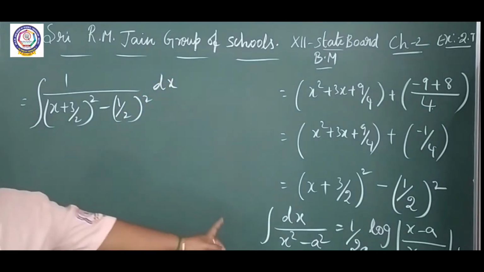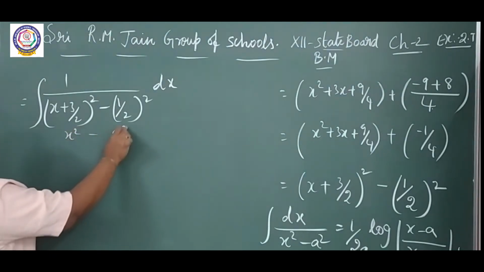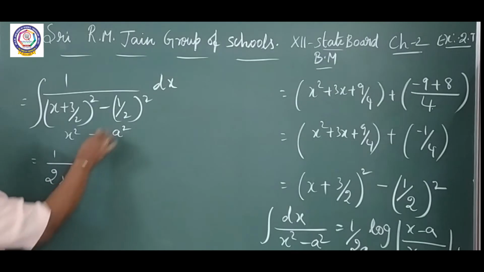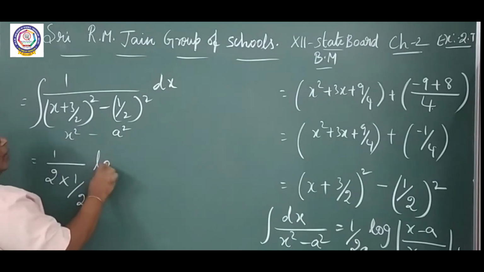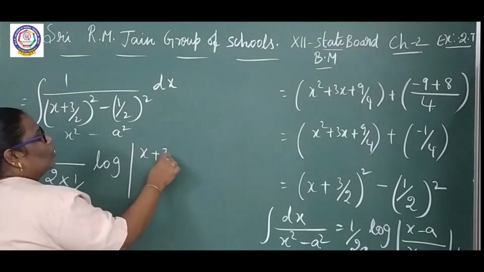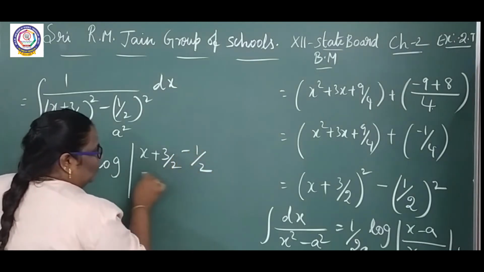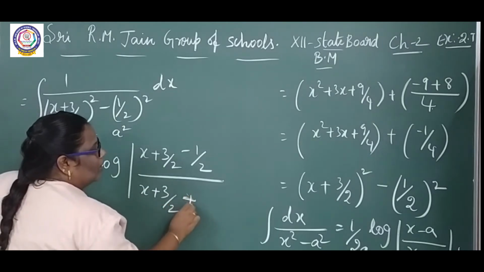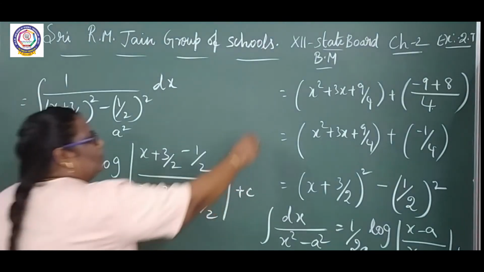You apply the formula for x square minus a square, which is 1 by 2a, and in the place of a the value is 1 by 2. So 1 by 2 log of modulus of x plus 3 by 2 minus 1 by 2 by x plus 3 by 2 plus 1 by 2, plus c.